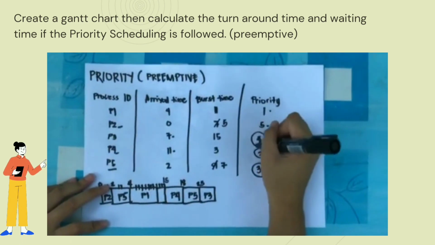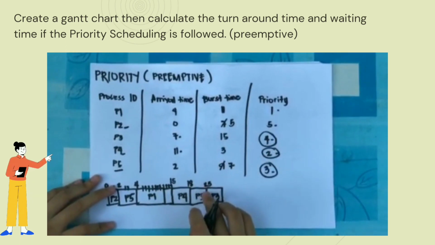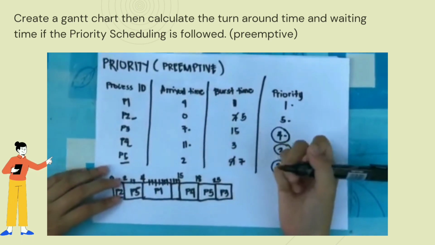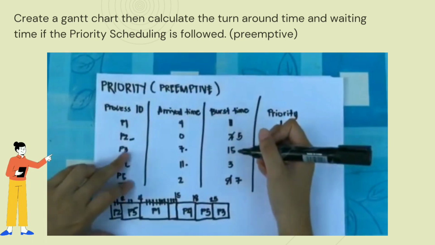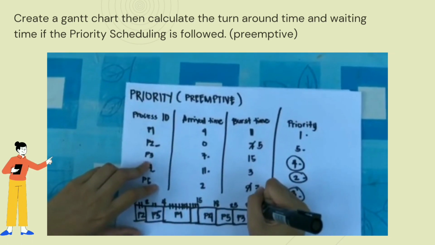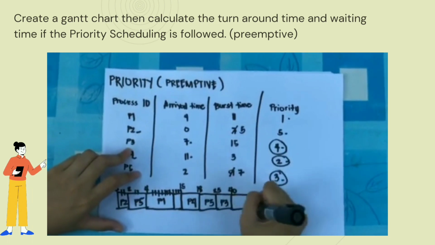Dahil ang priority niya ay 4. Yung completion time naman ni P5, i-add naman natin sa burst time ni P3. So, ang sagot naman is 40.